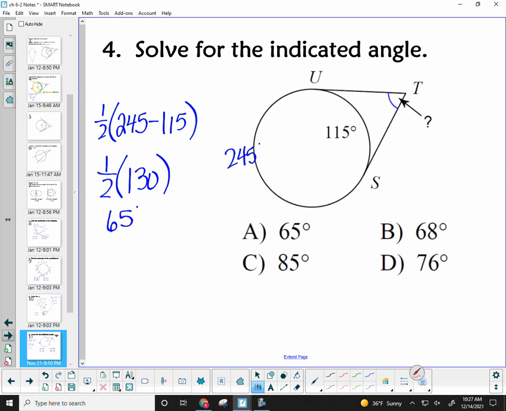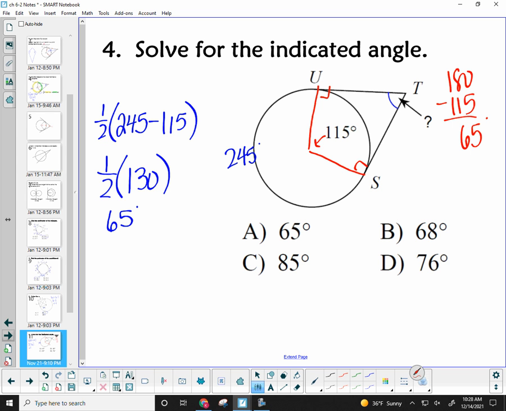Okay, the way I like to think about it, if I were to draw in these radii, even if it's not pretty, there's my right angles. If my arc is 115, so is my angle. Then my central angle and angle T here have to be supplementary. So 180 minus 115 gives me 65.